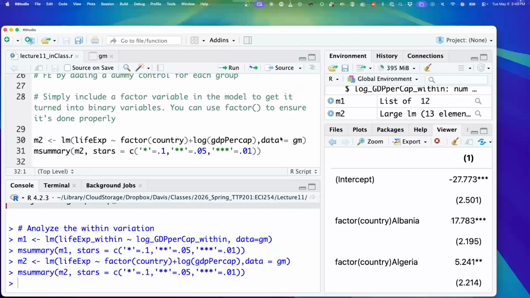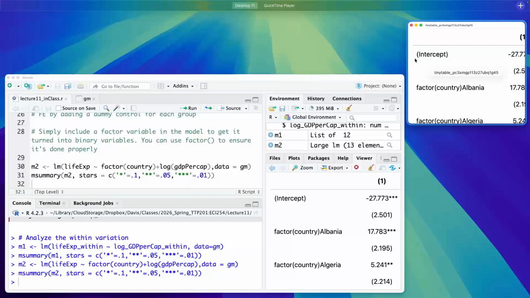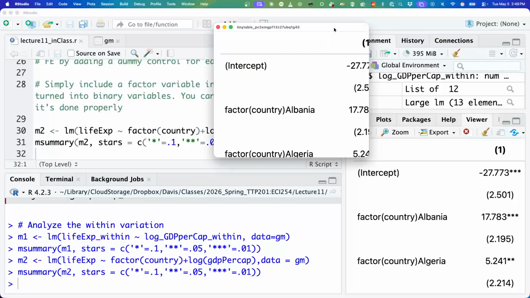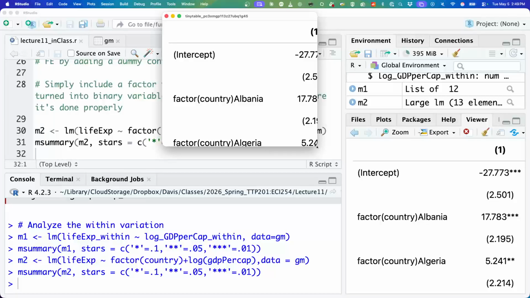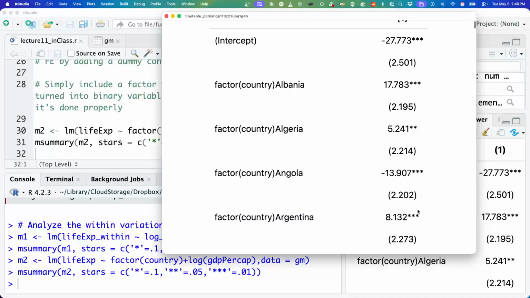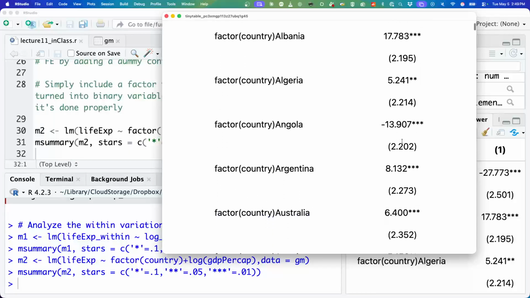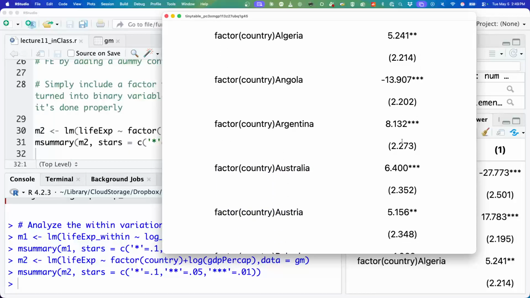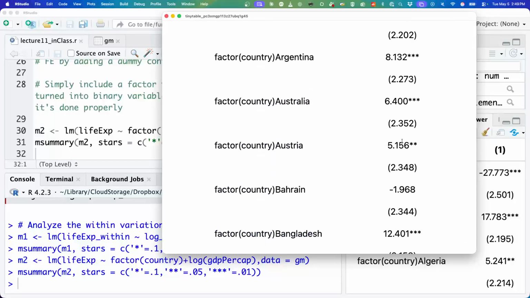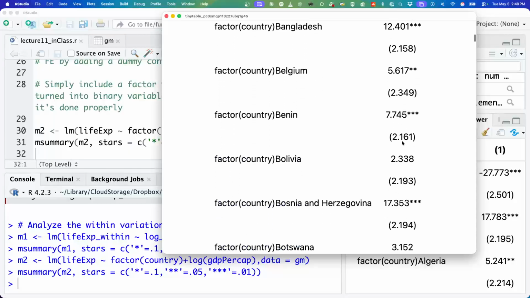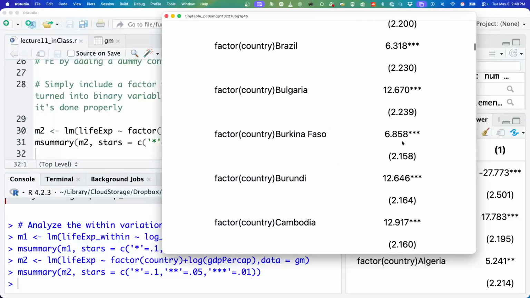Let's do that. And what you see here is that every individual country has a different intercept, their baseline for life expectancy.